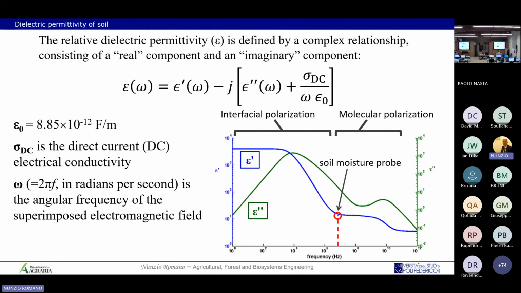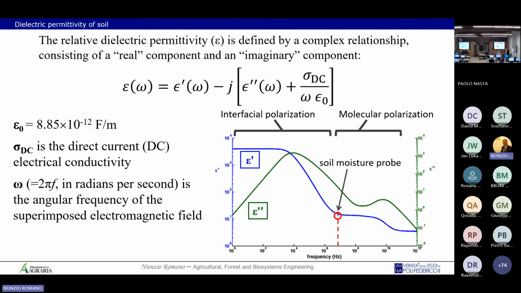Then sigma dc is the electrical conductivity in direct current. But there is not only direct current; the electromagnetic field has a frequency, and the frequency can vary. So omega, the Greek symbol omega, gives you the value of the angular frequency of the superimposed electromagnetic field. The frequency is measured in hertz.